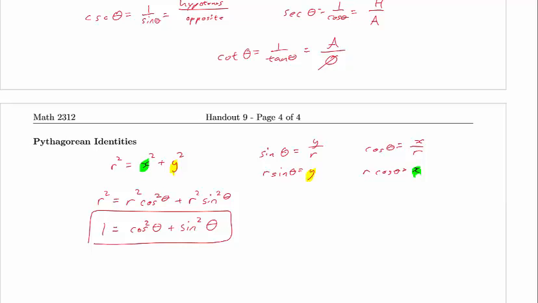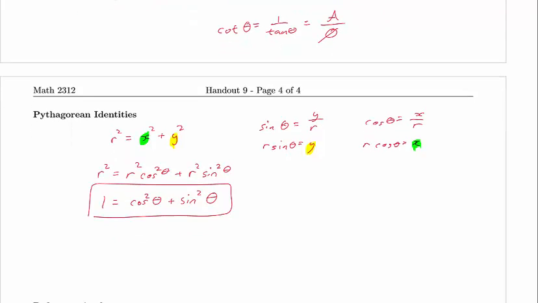If we divide this guy by cosine squared theta, we'll get secant squared theta equals 1 plus, and then we have sine squared over cosine squared, so that is tan squared theta. So that would be the other one.